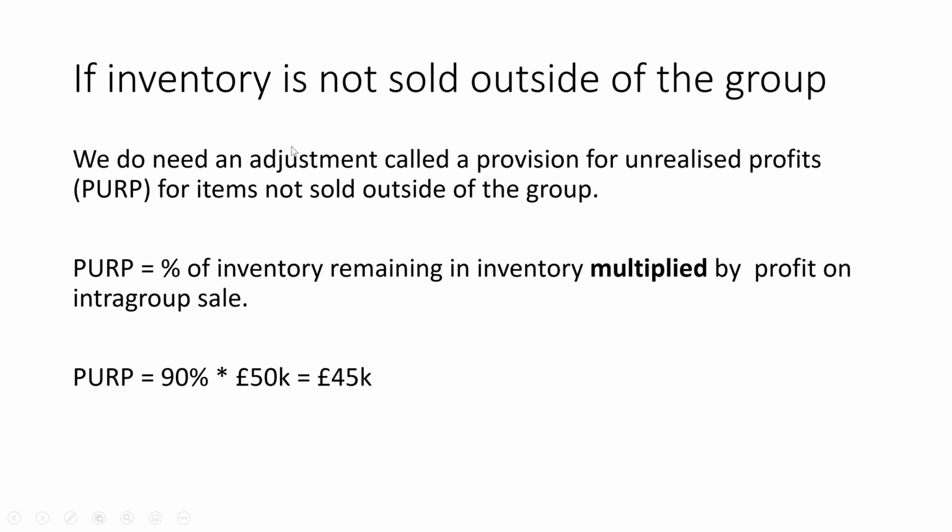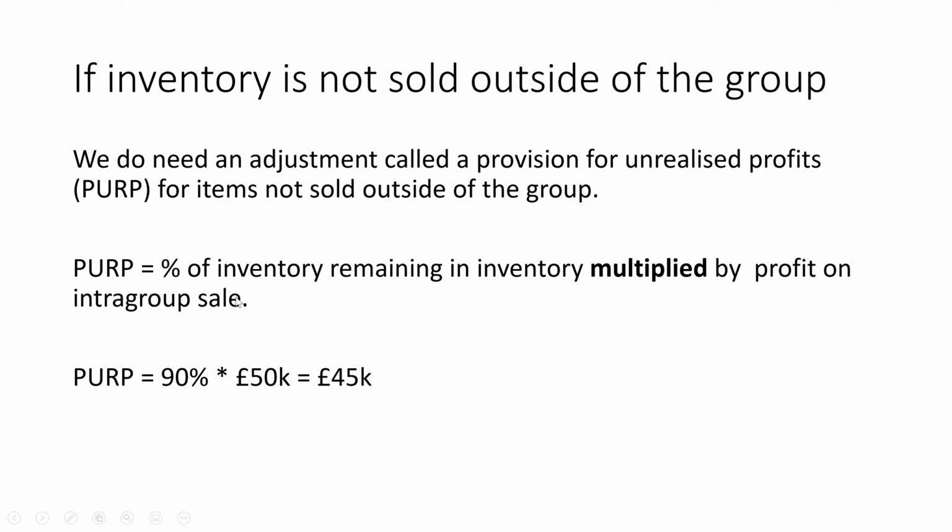So if inventory is not sold outside of the group, we need an adjustment called a provision for unrealized profits. Okay? We say the profits are unrealized because we're not selling them outside of the group. We haven't made a group profit because we haven't sold outside of the group. And this is called a provision for unrealized profits, or a PURP.